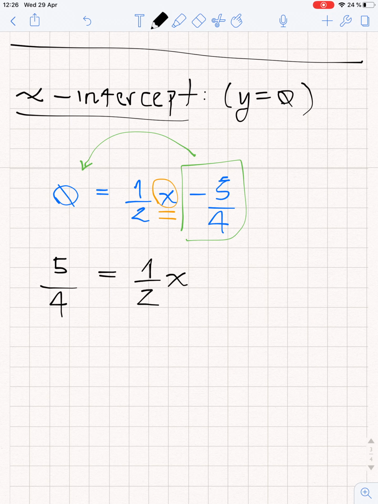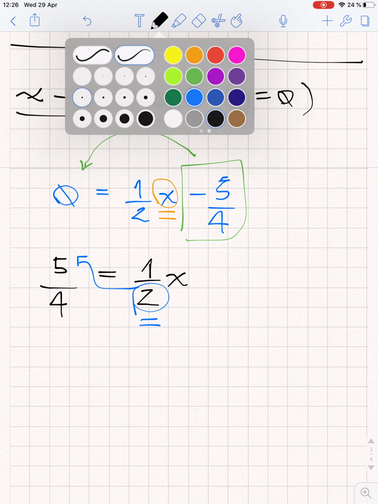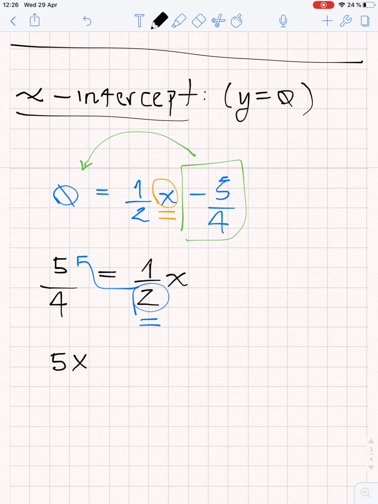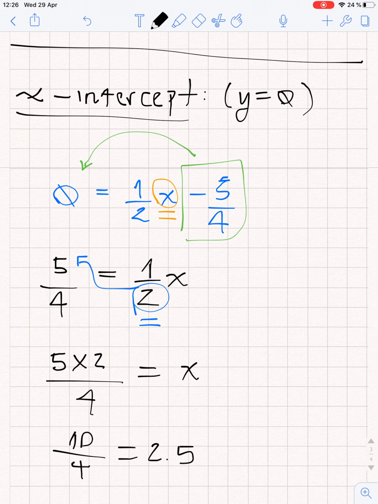The first one is, if you see this number 2 is dividing the expression, now it's going to multiply to the other side. We will have 5 times 2 divided by 4 equal 1x, or only x because we have a 1. 5 times 2 is 10, divided by 4 is equal to 2.5. Therefore, the value for x is equal to 2.5.